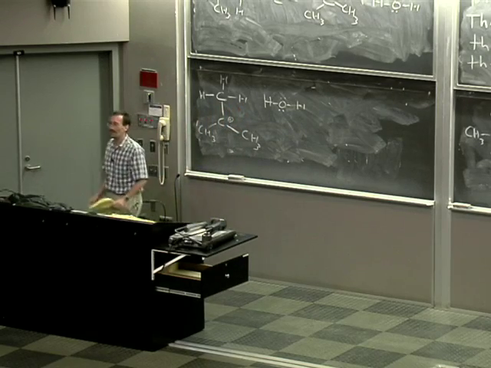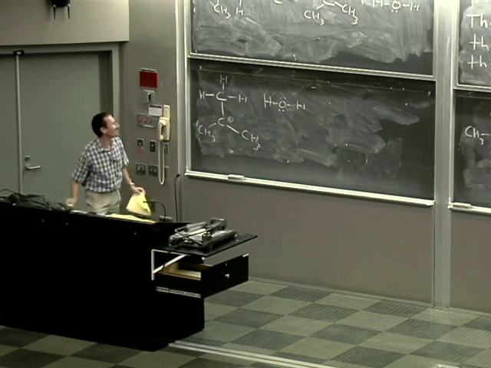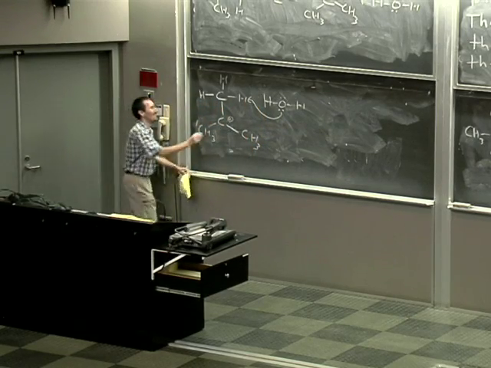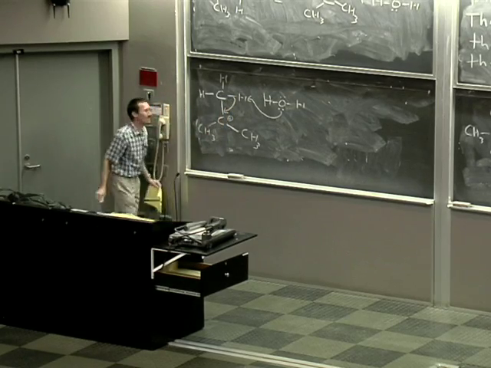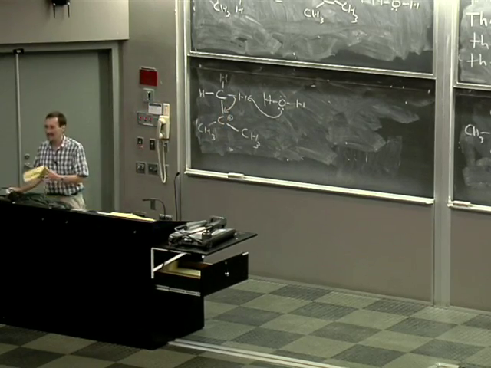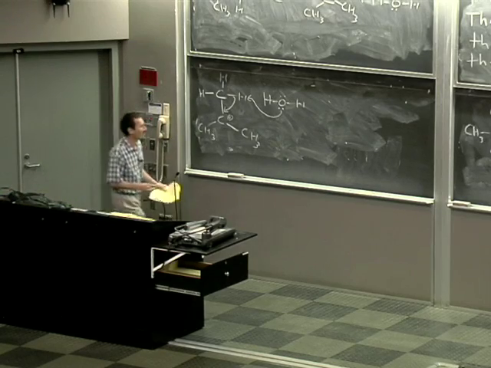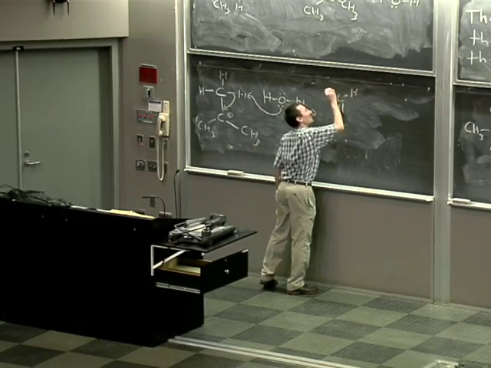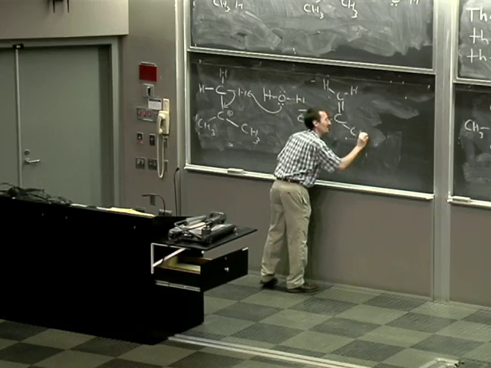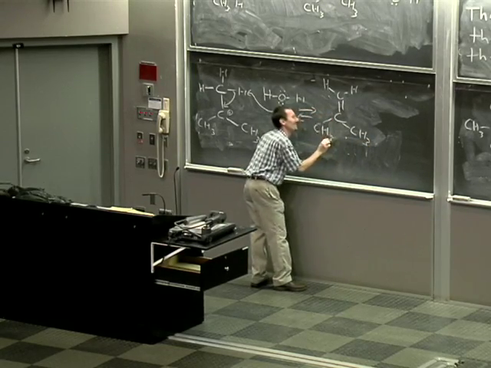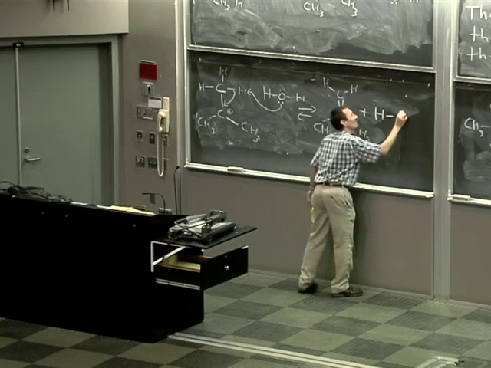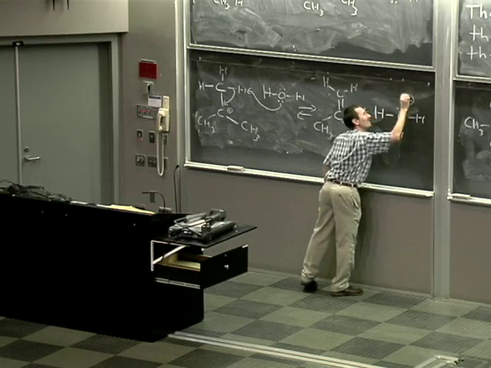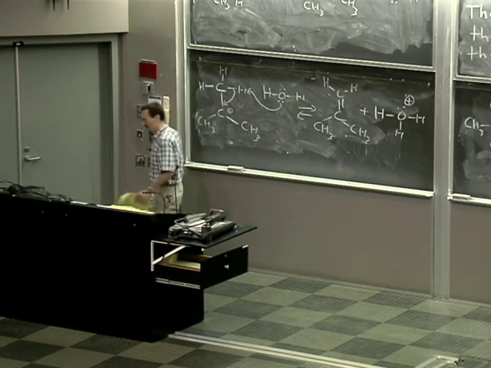Our water molecule has electrons. It takes the proton. The proton donates electrons in between the two carbon atoms. And we get back our isobutylene, and our protonated water, our hydronium ion.